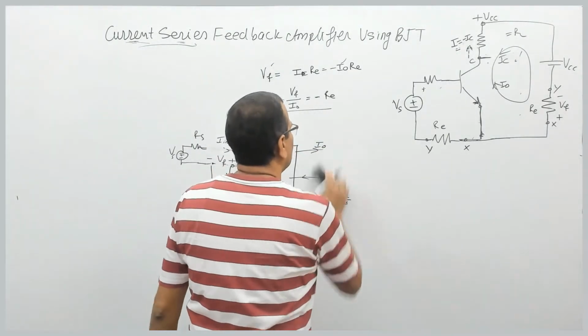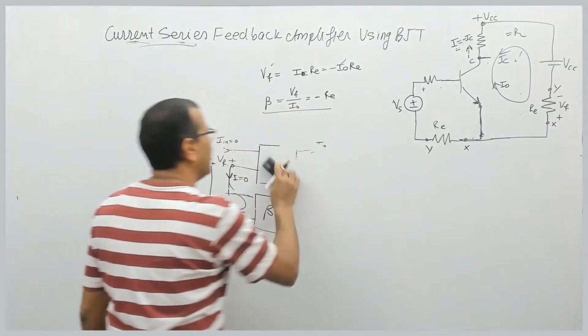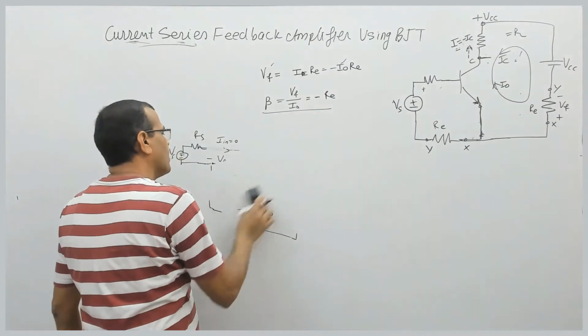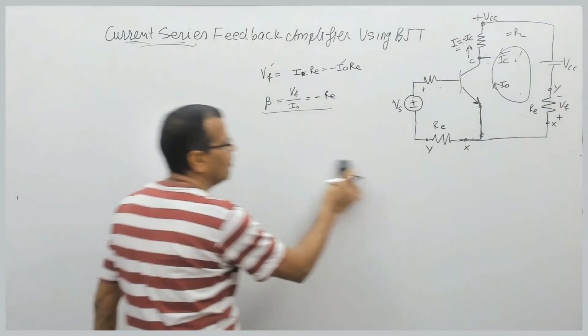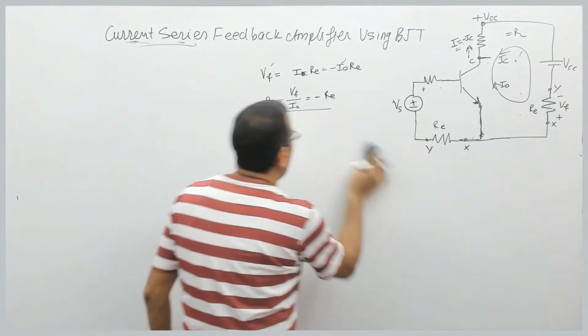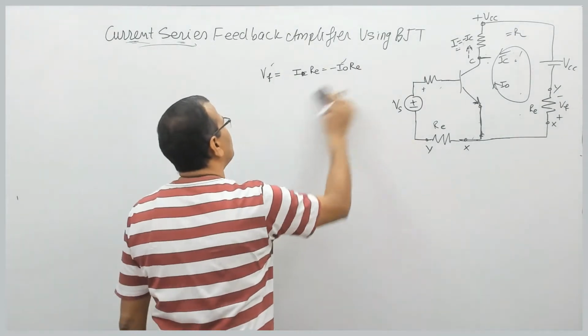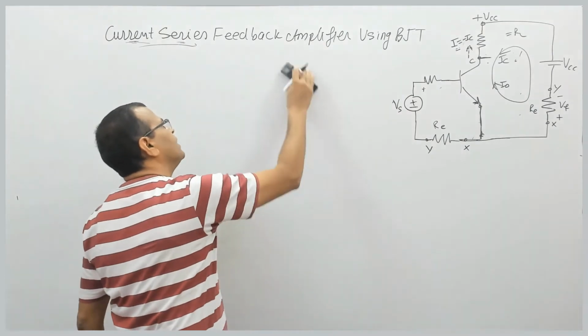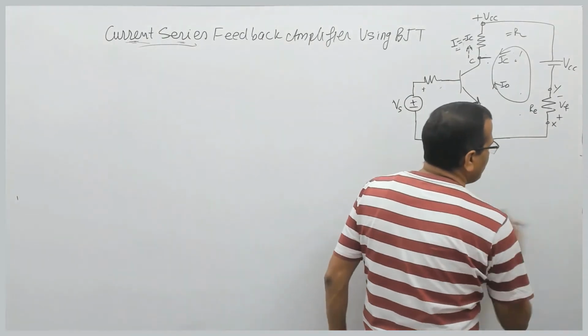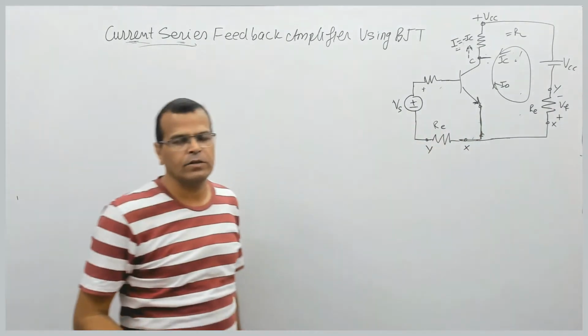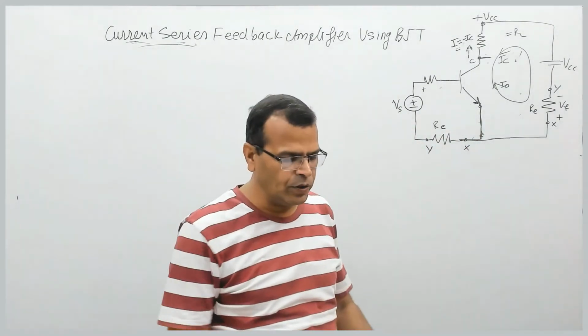For analysis of this amplifier, I need to replace the BJT by its small signal model. The BJT has different models. It can be the approximate H parameter model, it can be the pi model, it can be the small re model. It is your choice.